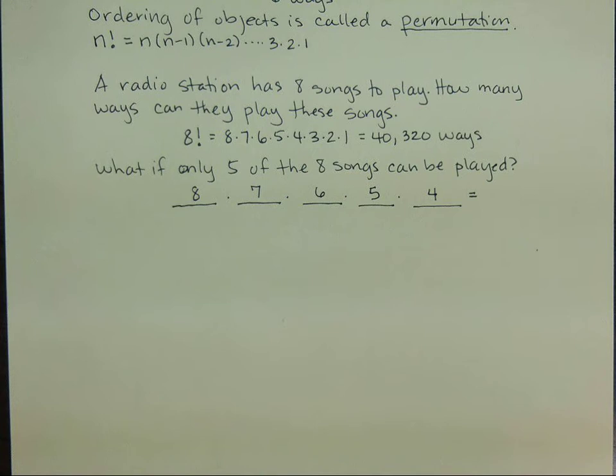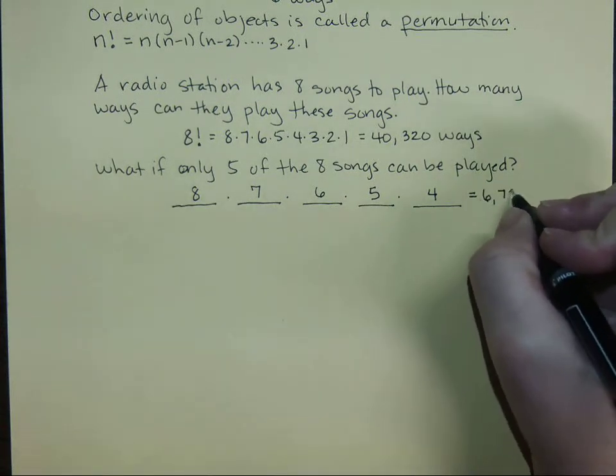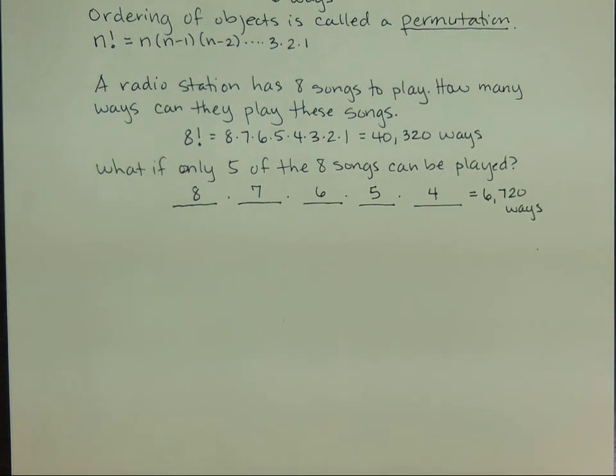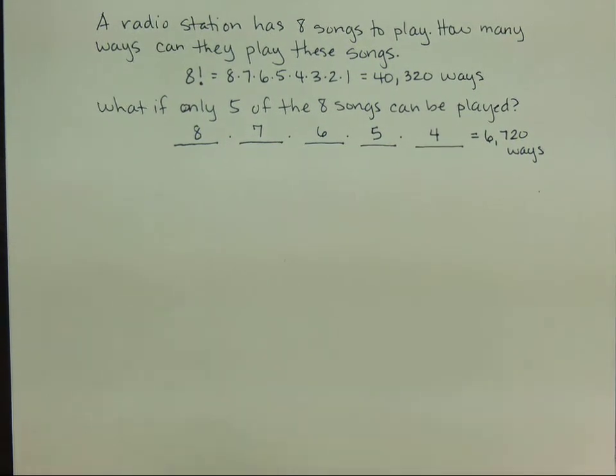Now, if I multiply those through, I'm going to get 6,720 ways. So I have fewer ways to choose those songs, but that's okay. It's kind of a good thing.